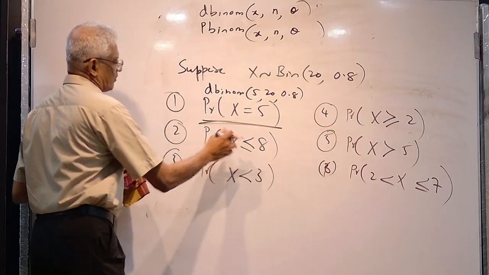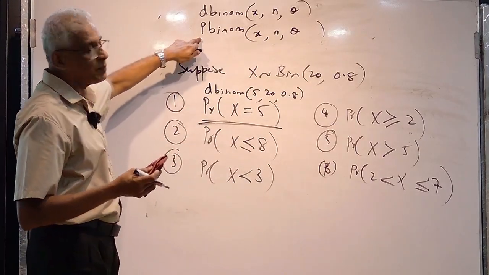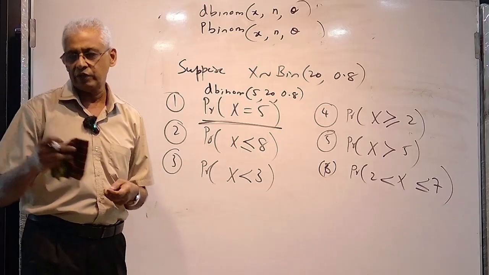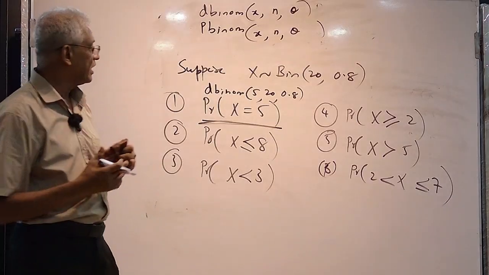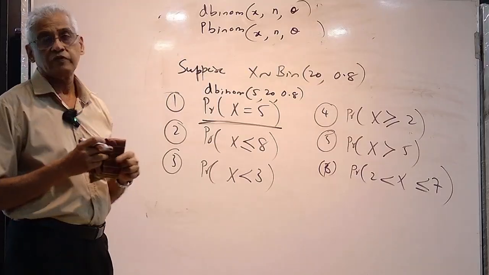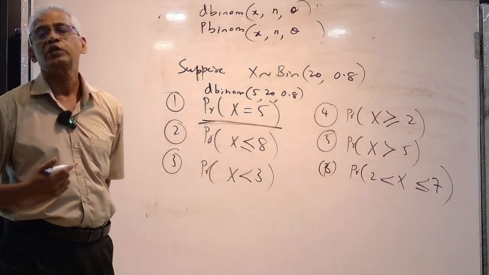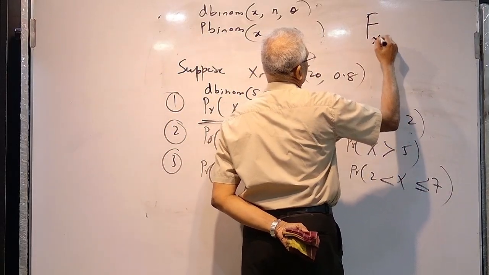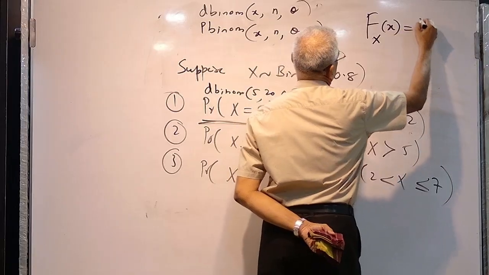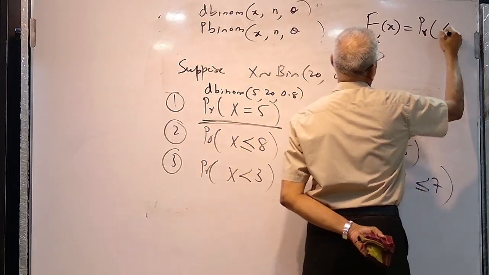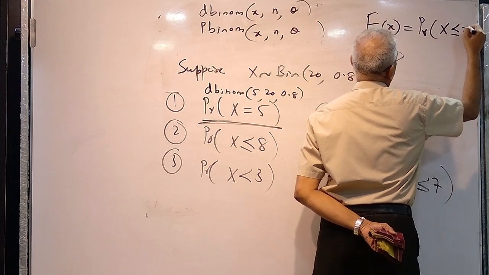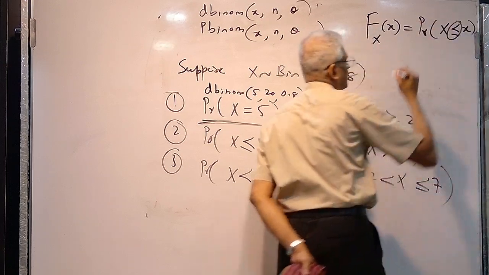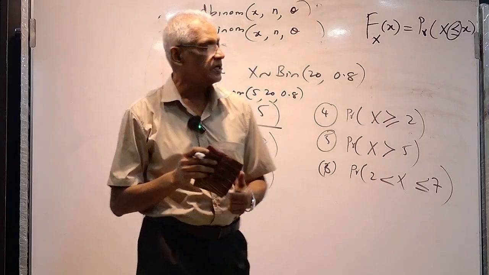For this one, what function do you use? You have to use p binom because it's less than or equal to. p binom gives you the less than or equal to cumulative probability, right? It gives you capital F of x. By definition, that is the probability x less than or equal to simple x. Remember, I told you that the equal sign is important here.